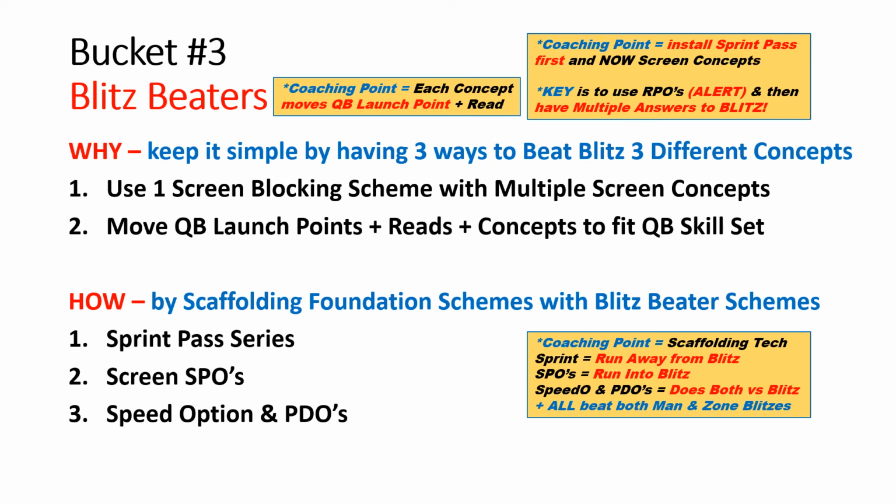And then last is simple speed option and pass draw options. This way we can beat the blitz both running away from it but also going right into it. And again, remember, these all beat both man and zone covers or man and zone blitzes.